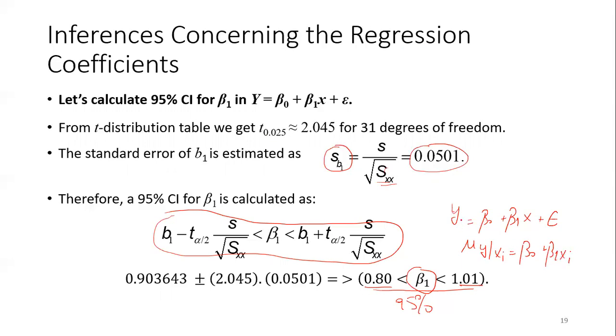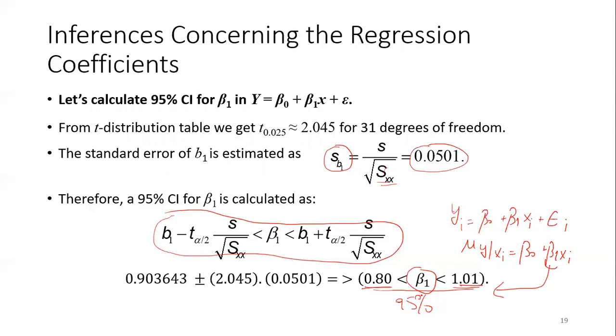Just write it back as yi equals beta 0 plus beta 1 xi plus epsilon i. So here the beta 1, the parameter of this regression line, I don't know it, but I am 95% sure that it's between 0.80 and 1.01. So this is the confidence interval for beta 1.